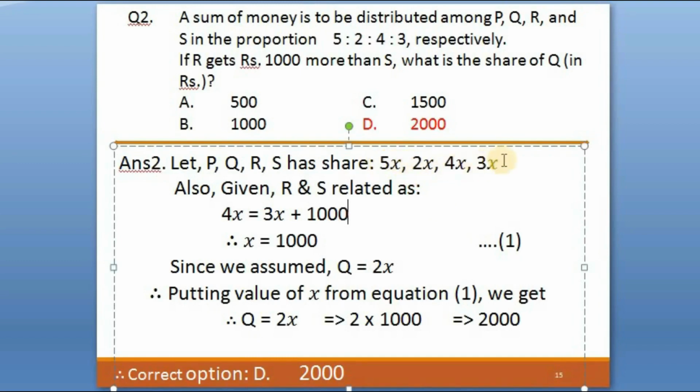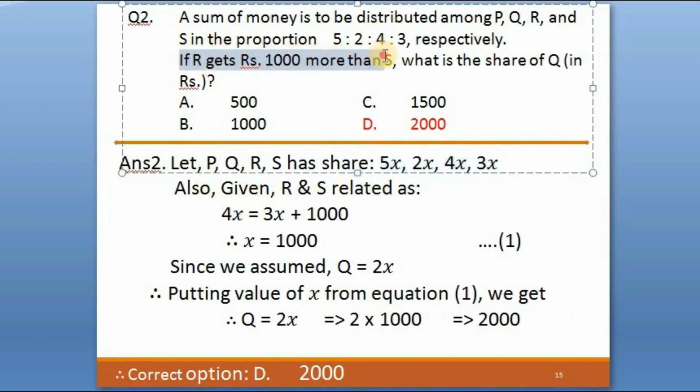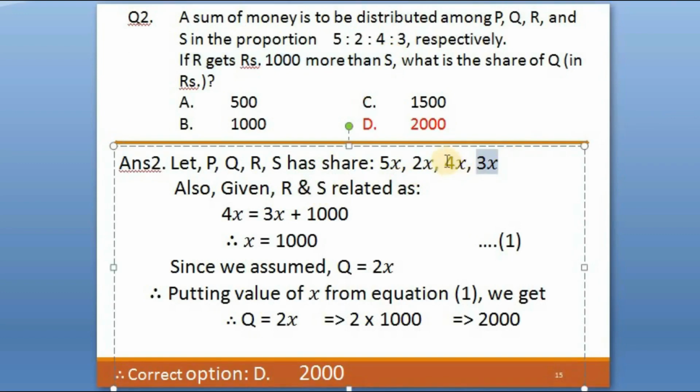Also, since R gets 1000 more than S, if S is getting 3x, then R is getting 4x. So 4x is equal to 3x plus 1000. From here we get the value of x as 1000.